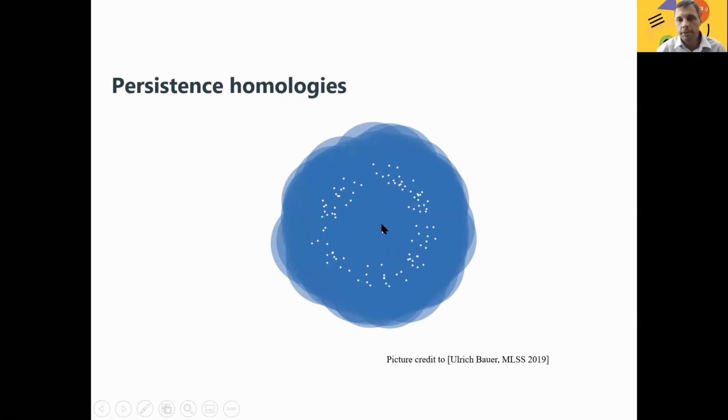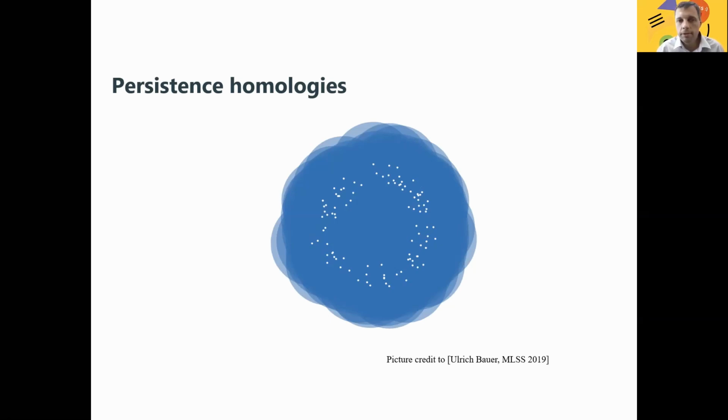So what does this mean? This means that in our data set of multidimensional points, there are different geometrical peculiarities, and some of these peculiarities are persistent, and some of them are noisy to some extent.